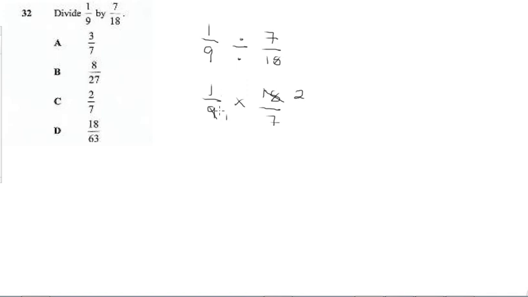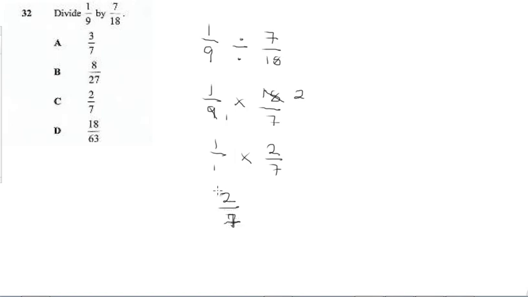So on this side we remain with 1 over 1 multiplied by 2 over 7. Then 1 times 2 gives us 2, and 1 times 7 gives us 7.